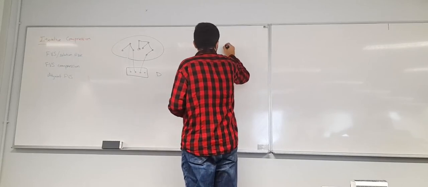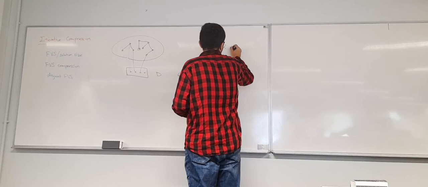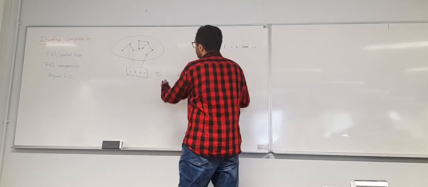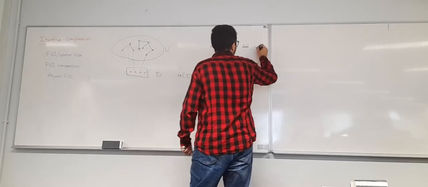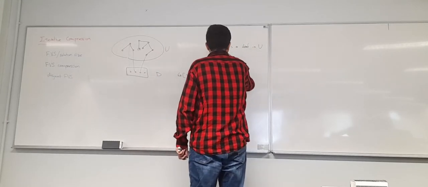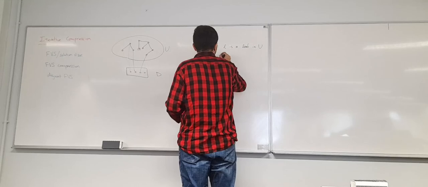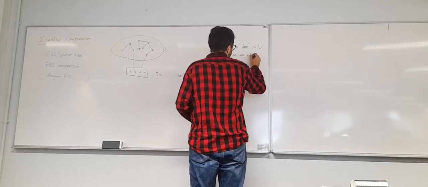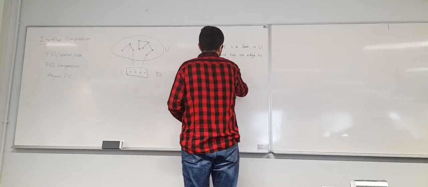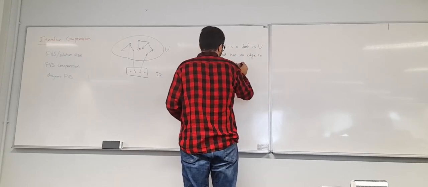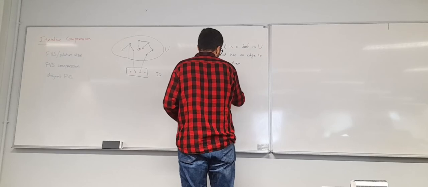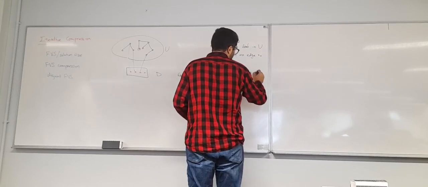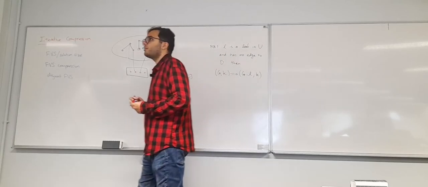If I have a leaf, so let's say L is a leaf in, okay, this one was D, so let's call this one U, is a leaf in U and has no edge to D, then I just remove it. So I just get my instance GK and I remove this vertex L from it and I don't change my budget.